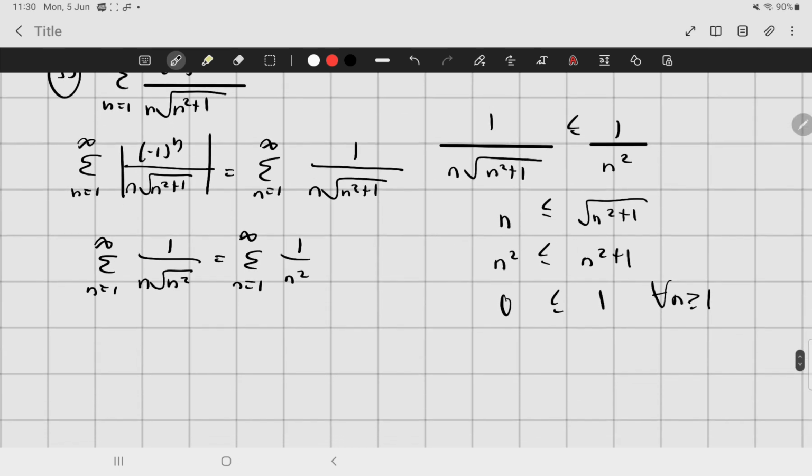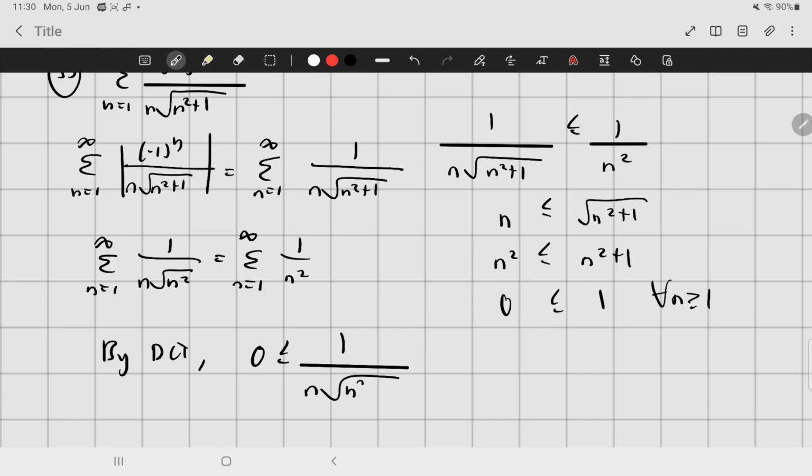So by the direct comparison test, DCT, we can build the following. By observation, you could see that this will be larger than this, then this whole term will be much smaller than this term. But I'm doing it algebraically so that everyone can see what I'm doing.